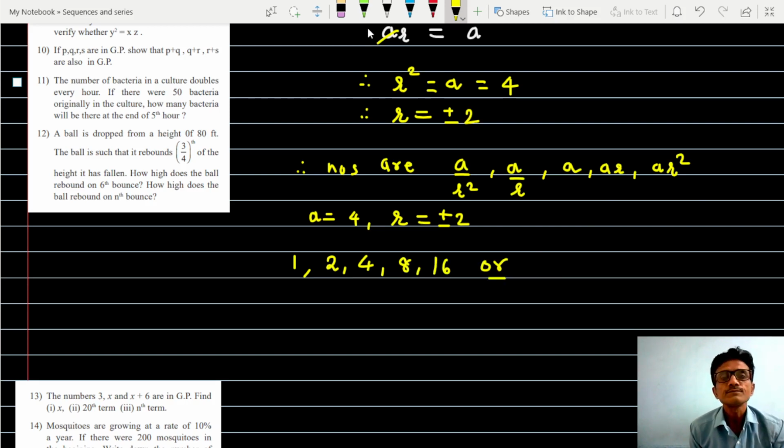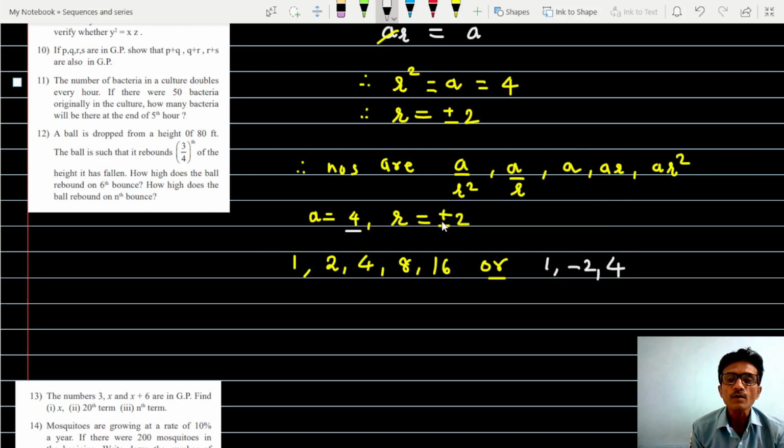And if you take R is equal to minus 2, then R square will be plus 4, 4 upon 4, A is equal to 4, that is 1. Yes, A is 4 and if you take minus 2, this will come as minus 2. A is 4, alternate sign change will happen.